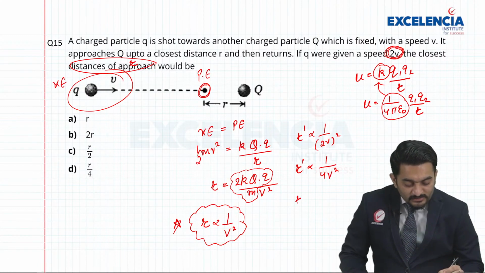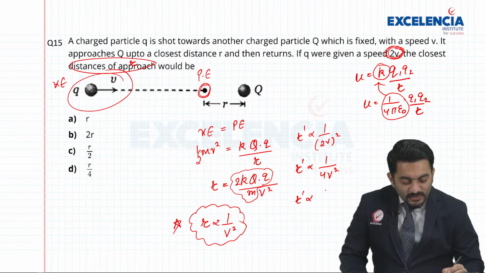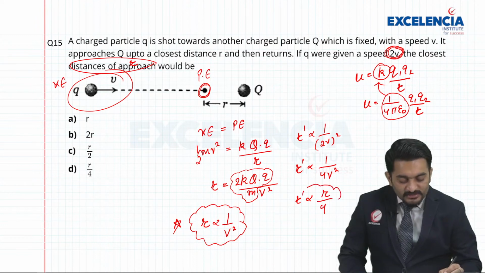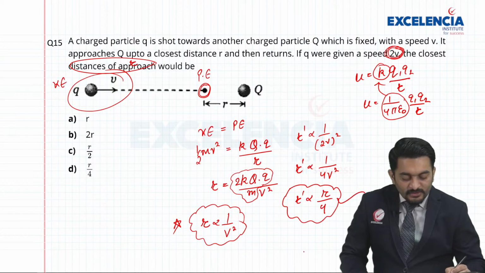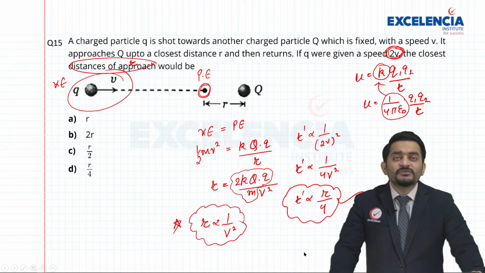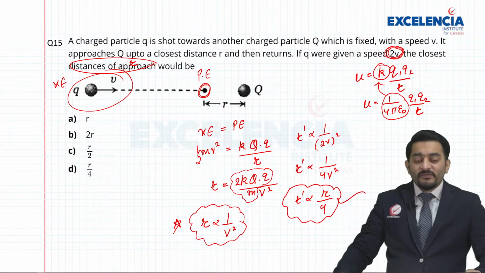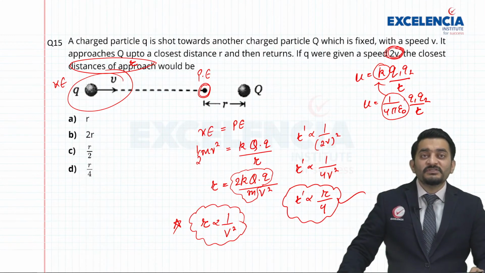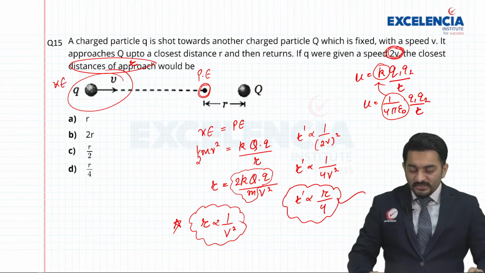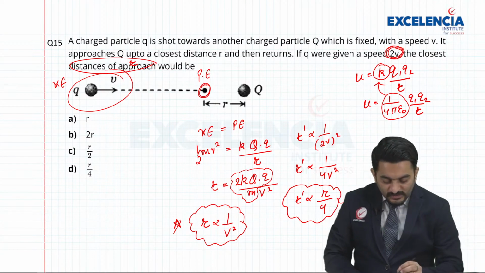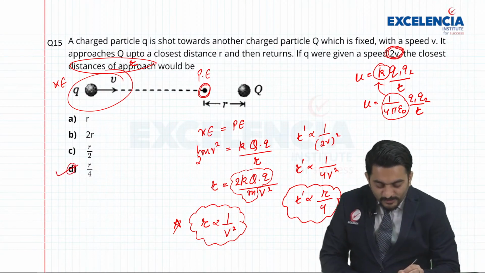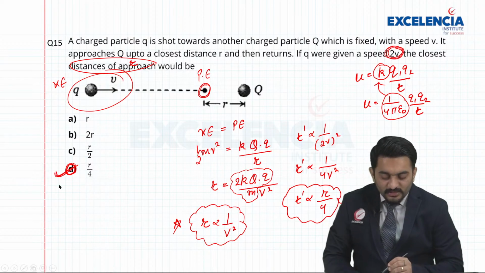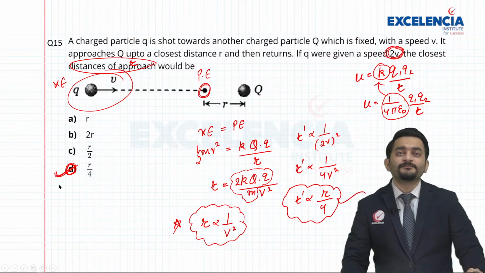Now you know that 1 by v square can be plugged as r, and this will be the new distance of approach which you are going to get. So when you have increased your velocity by twice, the distance of approach is 1 by 4th of your initial distance. So the correct option in this case appears to be option number D.